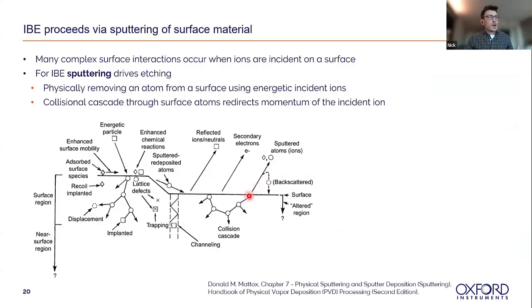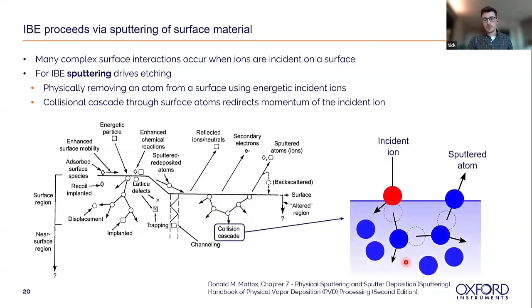When we talk about ion beam etching, what we're really talking about is just sputtering the surface of the material. As I mentioned, Lena's already made you experts in this, so I won't talk too long about it, but there are many different complex interactions going on at the surface. When an ion impacts the surface, there's a myriad of different things that can go on. But the main one that we're interested in for ion beam etching is the sputter reaction driven by the collision cascade, which we can see clearly in this figure on the right.